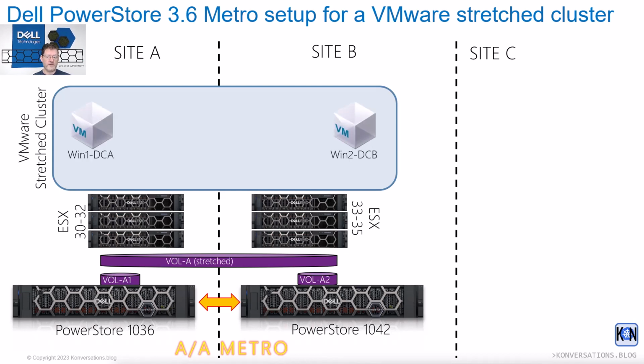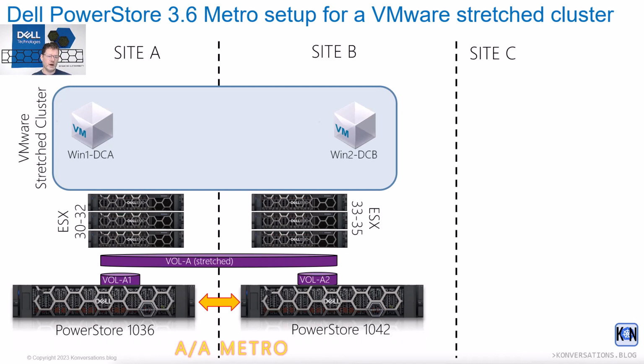I have 4 Windows servers. The first 2 are a DCA and a DCB Windows server, and they are preferred on the correct volumes. I've got different volumes: a Metro volume that is preferred for data center A, and another Metro stretched volume that is preferred for data center B. These 2 Windows servers run on their preferred volumes.